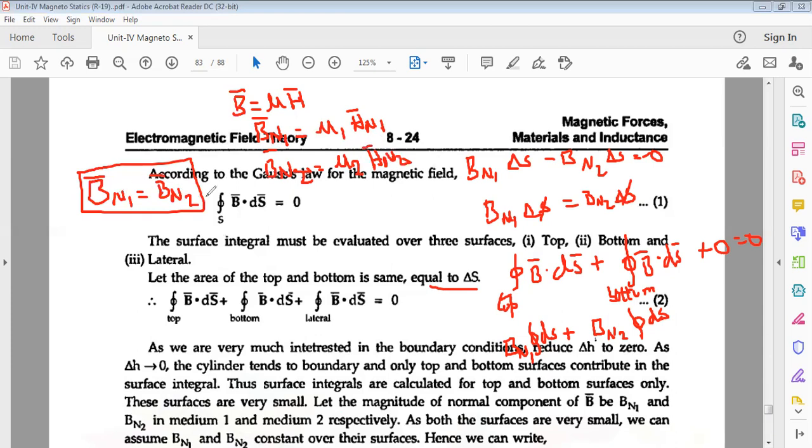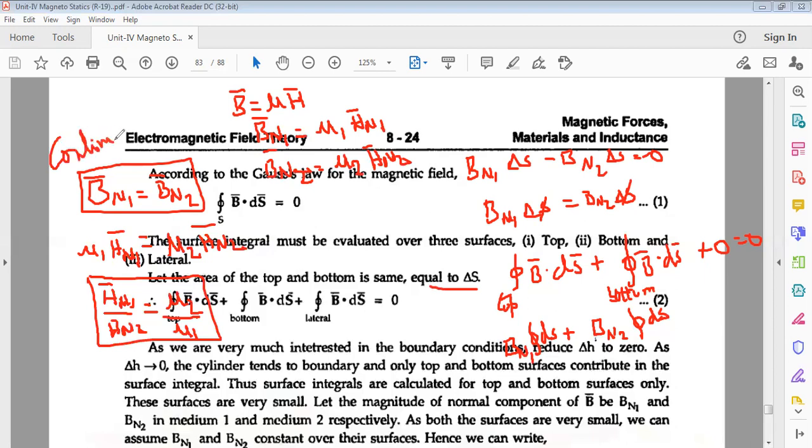So we got BN1 is equal to BN2; equate the two: mu1 HN1 bar is equal to mu2 HN2 bar. Therefore, the ratio HN1 bar by HN2 bar is equal to mu2 by mu1. Got it? The normal component of B is continuous and this one, H, is discontinuous.